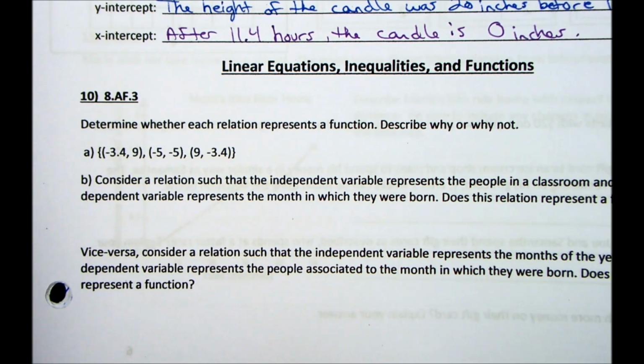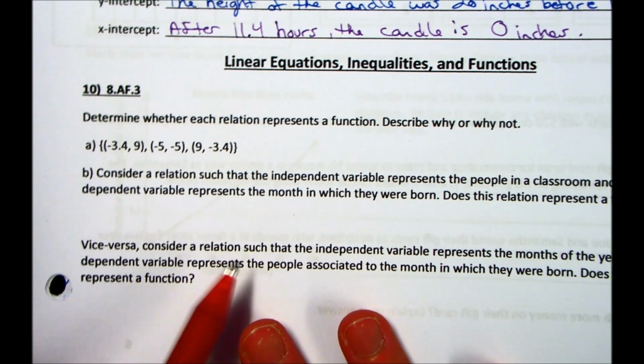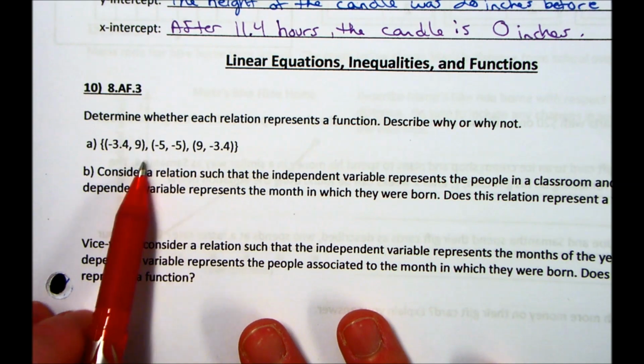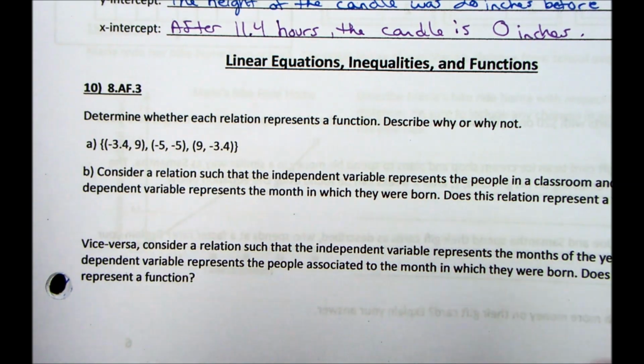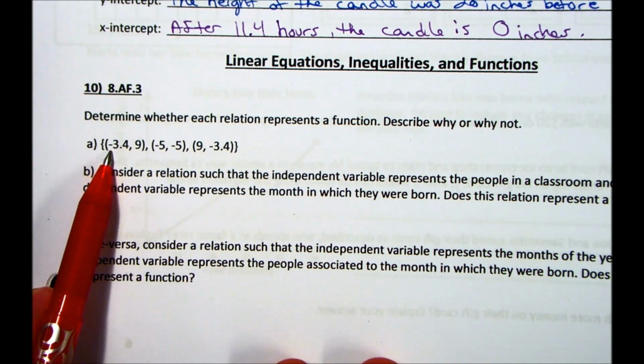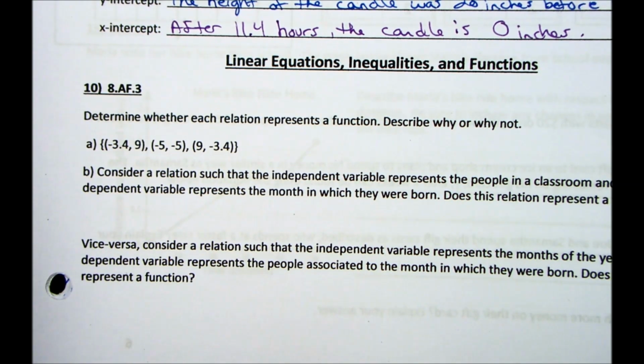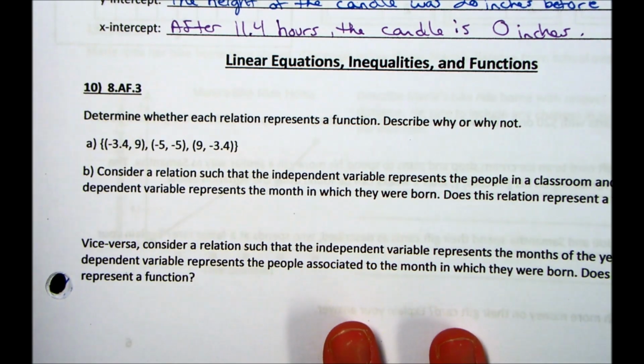So each input has to have exactly one output, but the outputs could be the same. So if any of these y values or your outputs were the same, that's okay, just like the kids can have the same type of candy. They just cannot have more than one. So each x value can have only one y value or output value that goes with it.